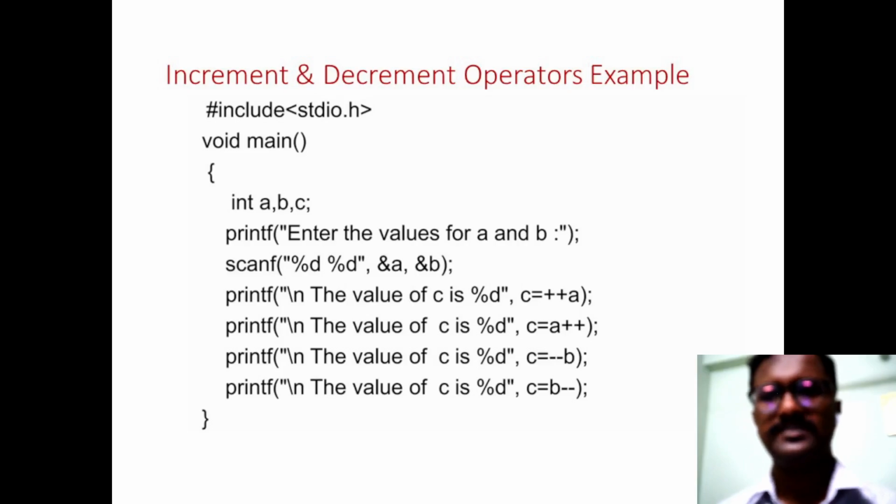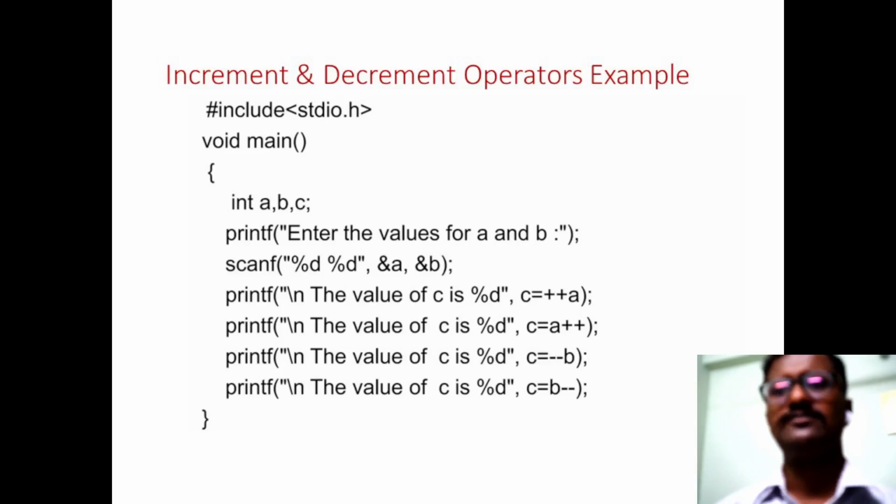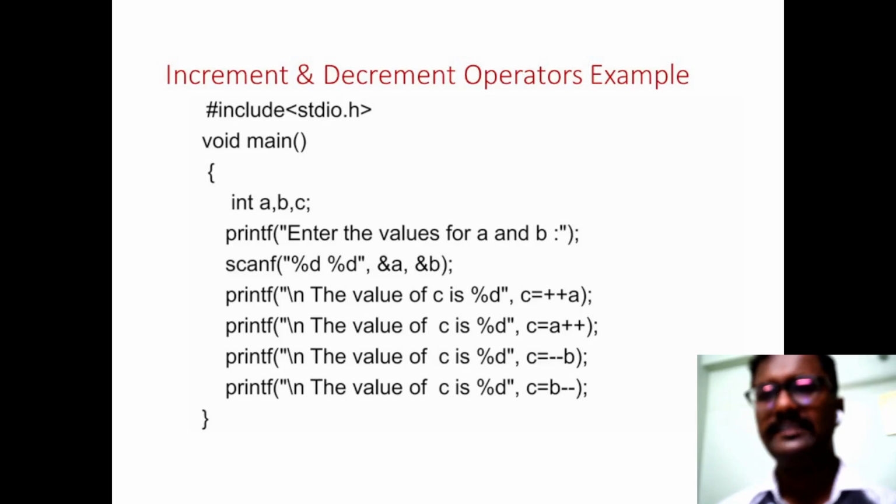Next, increment and decrement operations. See here, pre-increment: the operation is ++A. If it is ++A, it is pre-increment. If it is A++, it is post-increment. In pre-increment, what are you going to do?